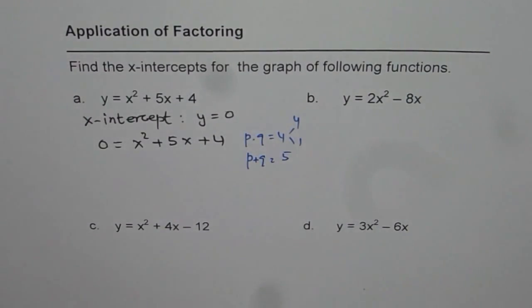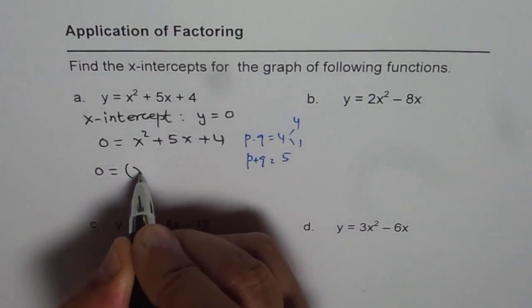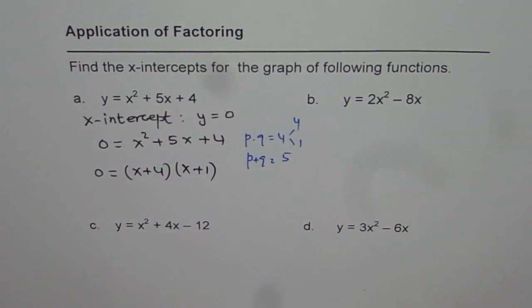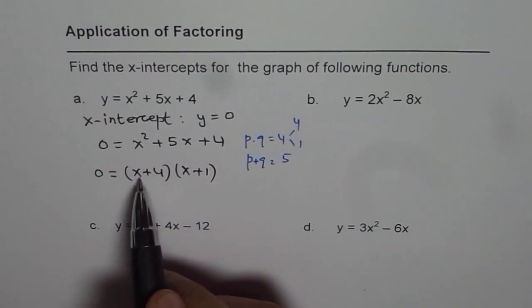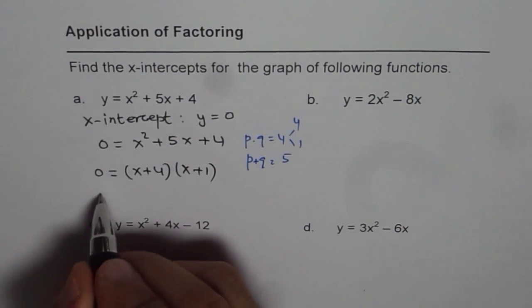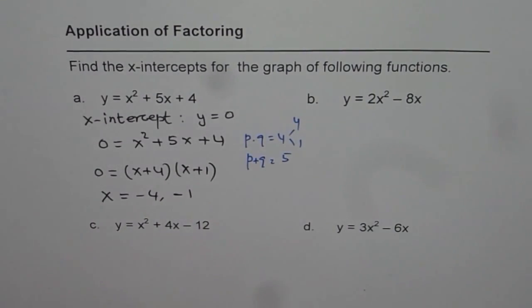So that should help us to factor. So we get 0 equals (x plus 4) times (x plus 1), correct? Now the right side is 0 for x equals minus 4 or x equals minus 1. So we get two solutions, that is x equals minus 4 and minus 1.